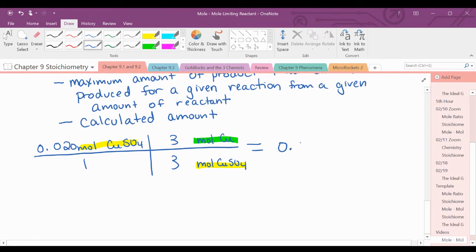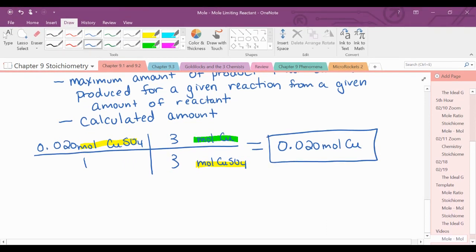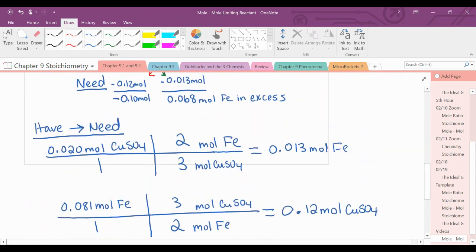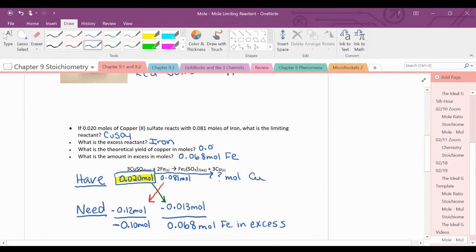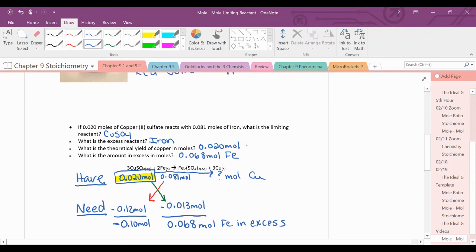So we would have a theoretical yield of 0.020 moles of copper. And so if I go back up to our questions, we can answer our last question, 0.020 moles of copper.